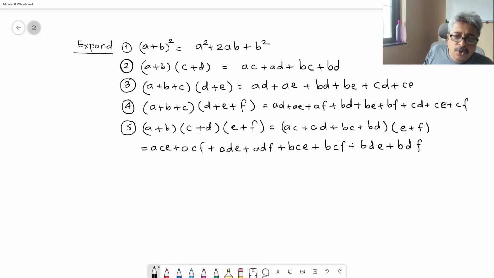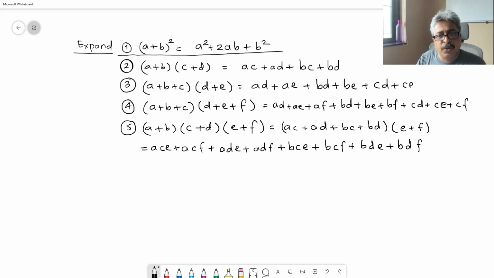Okay, so if we observe, there are two terms in the first bracket and two terms in the second bracket. And in RHS, there are a total of 4 terms.